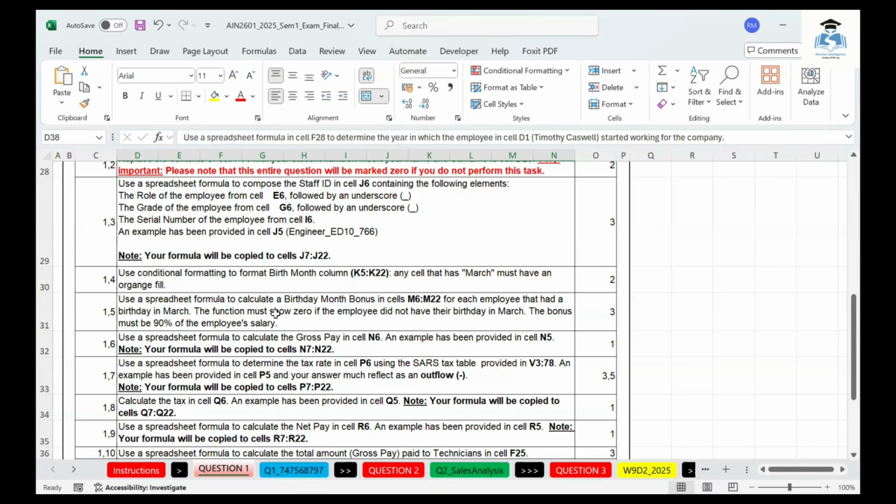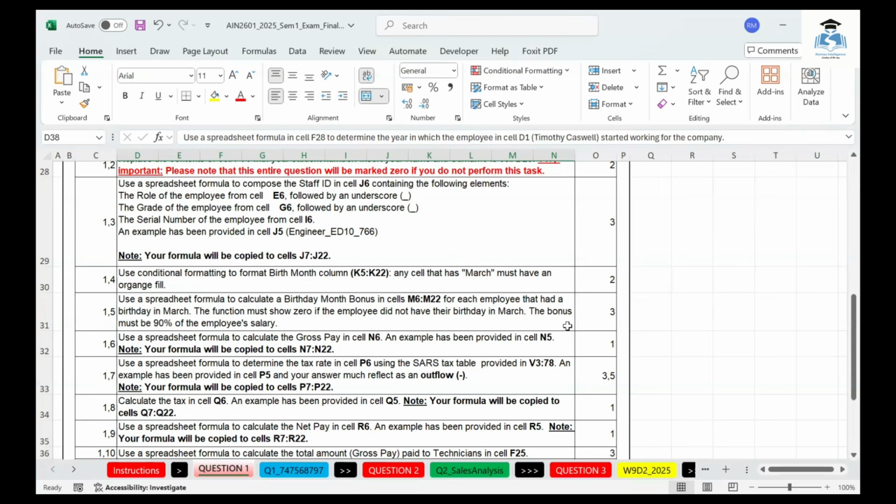Yeah, this is the question. Use a spreadsheet formula to calculate a birthday month bonus in cells M6 to M22 for each employee that had a birthday in March. The function must show 0 if the employee did not have birthday in March.